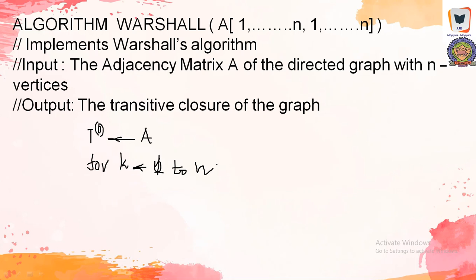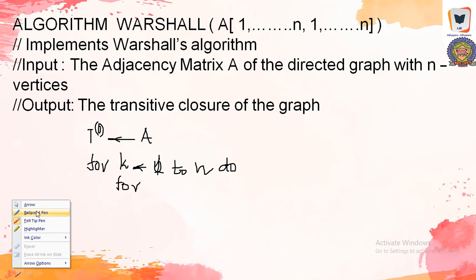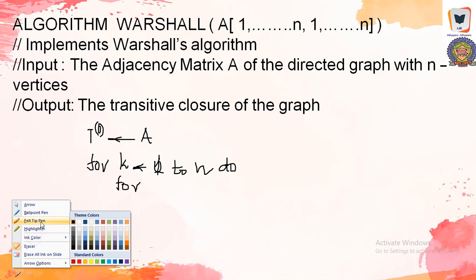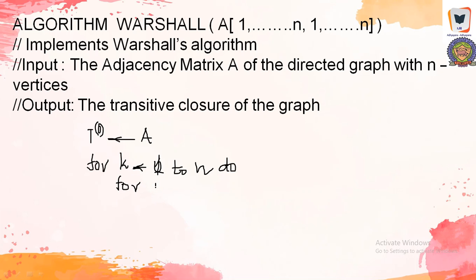You may have seen that: do for k from 1 to n, do for i from 0 to n, do for j from 0 to n.